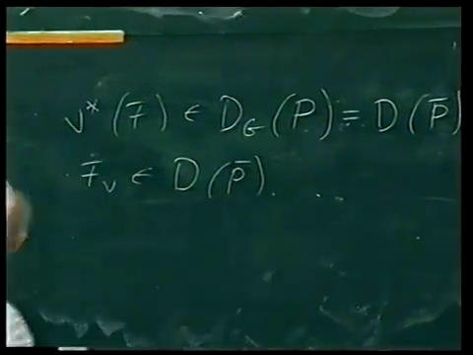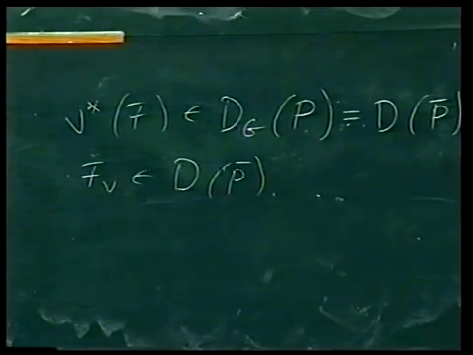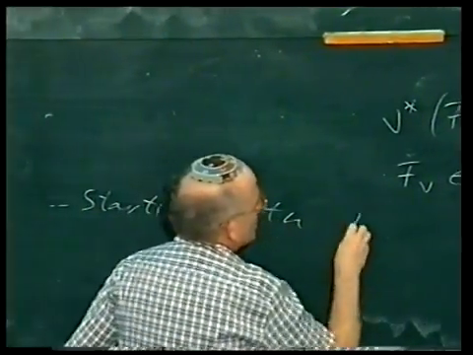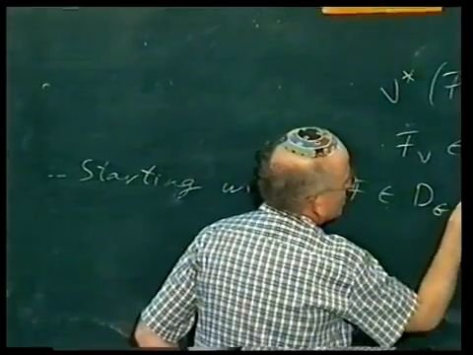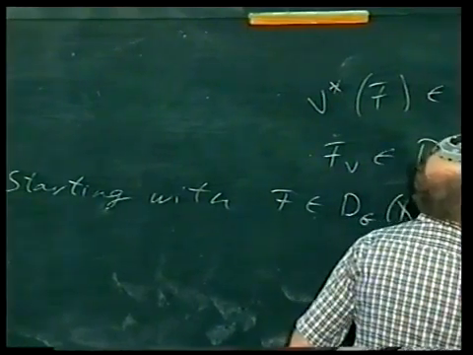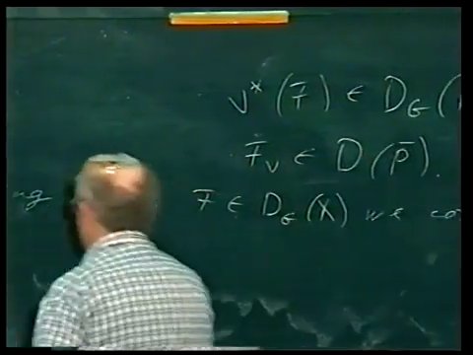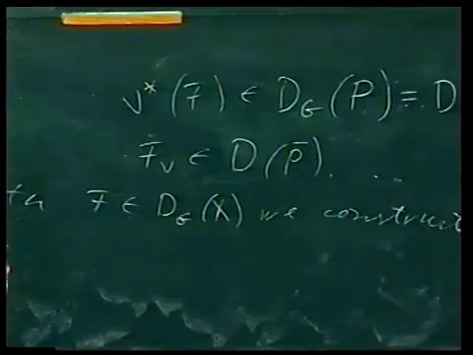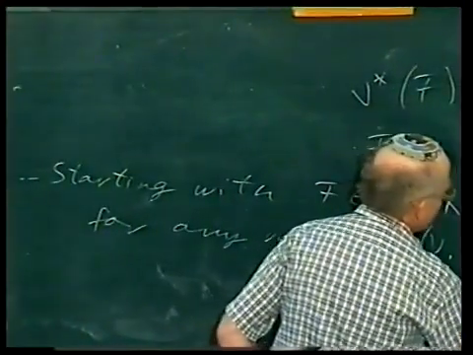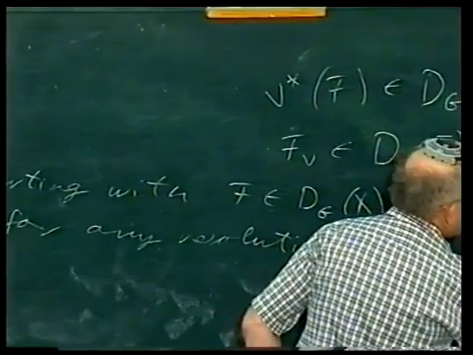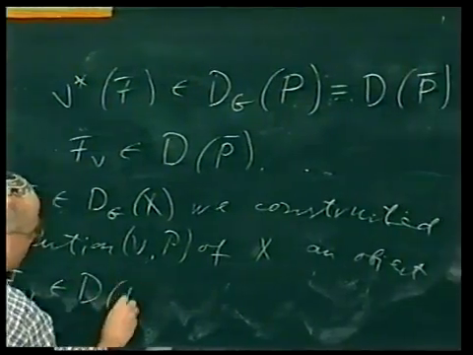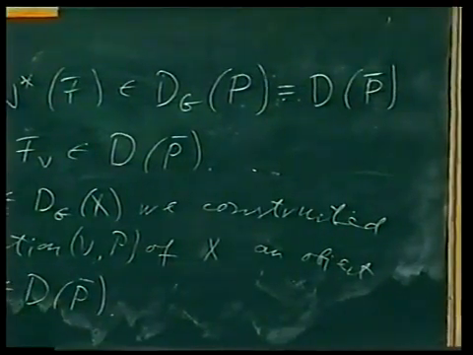So what's the result of our analysis? Starting with an object F in this mysterious equivariant derived category, we constructed for any resolution mu from P to X an object F nu in D of P bar, something which we already understand.